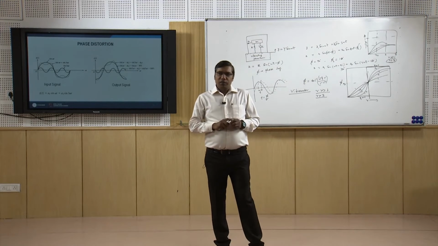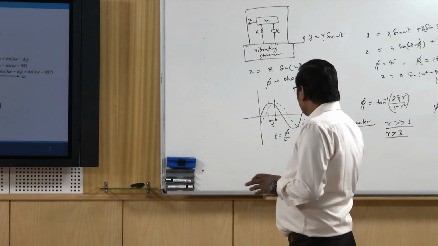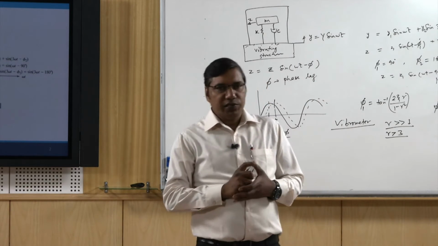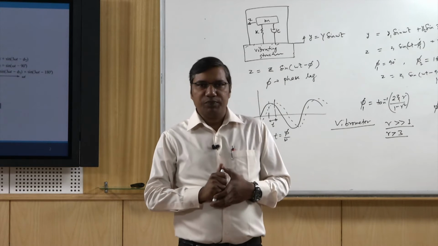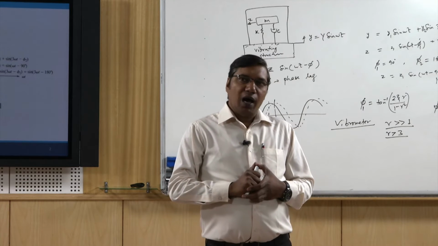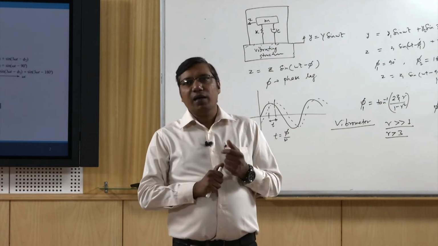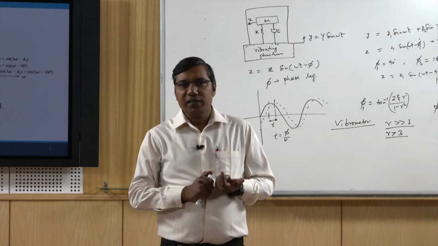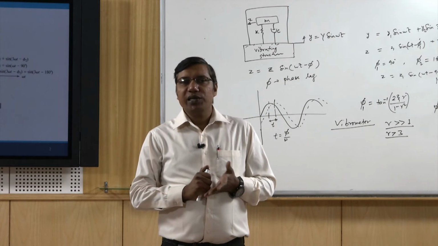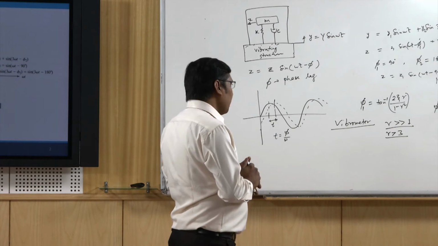So therefore, if we want to solve the case of phase distortion in the vibrometer, we must select R such that each signal has the phase phi equal to 180 degrees, and this is possible when zeta is 0.